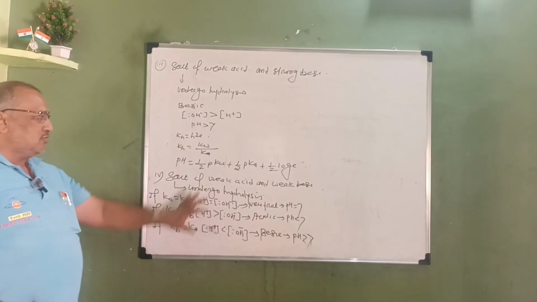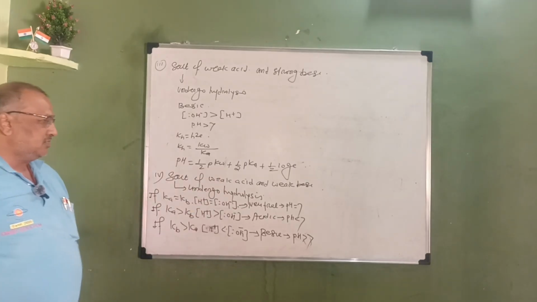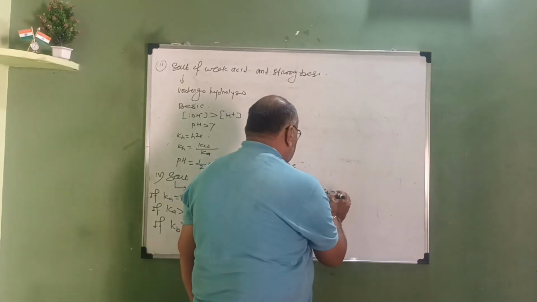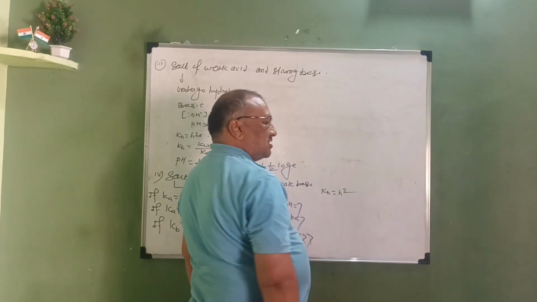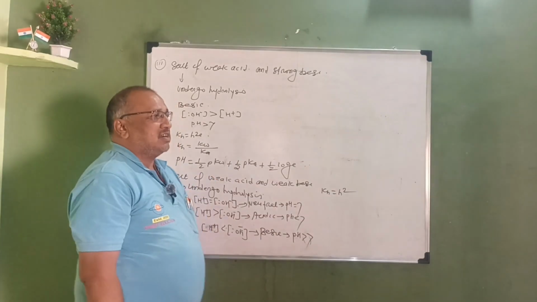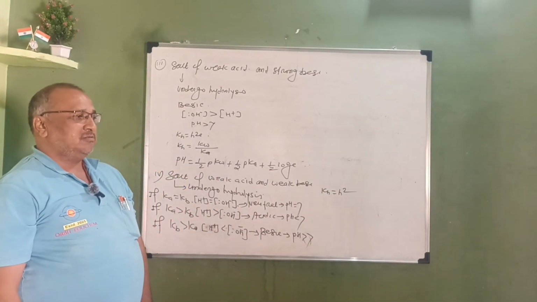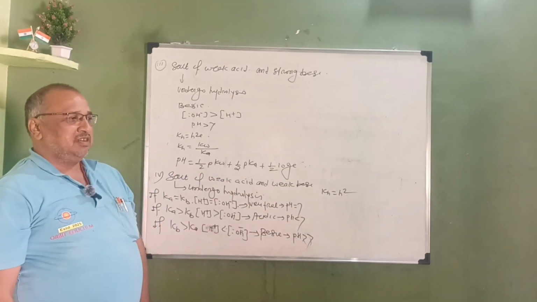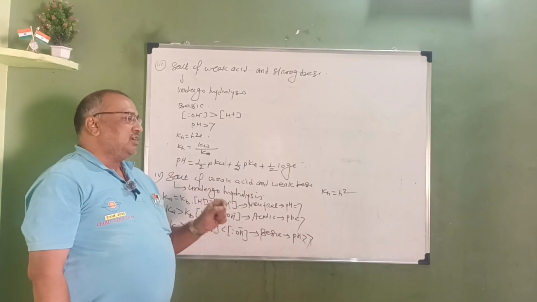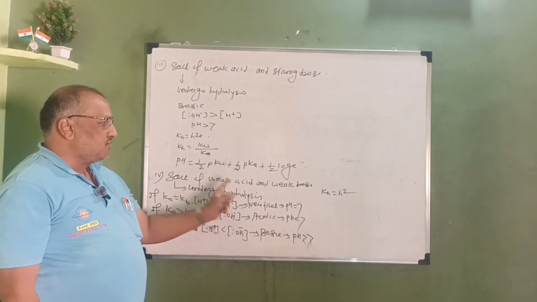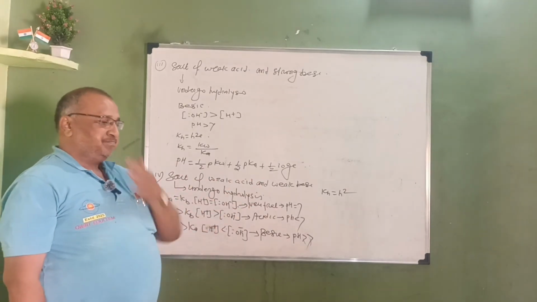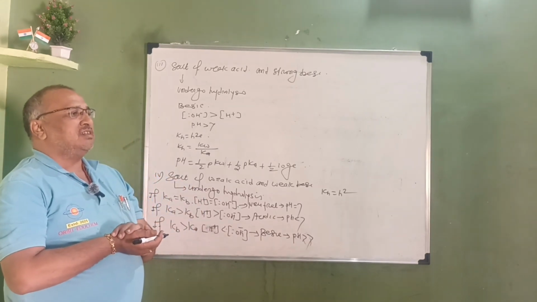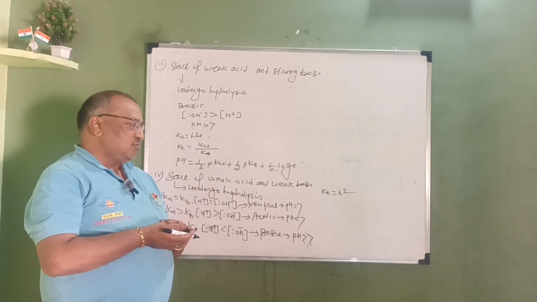Now here write down the relation, that is Kh is equal to h square. Here concentration term is not present. That means here h is equal to under root of Kh. That is the degree of hydrolysis of salt of weak acid and weak base does not depend upon its concentration, meaning its dilution.